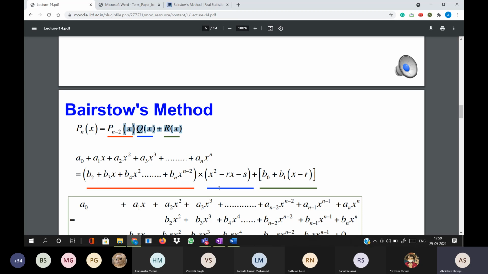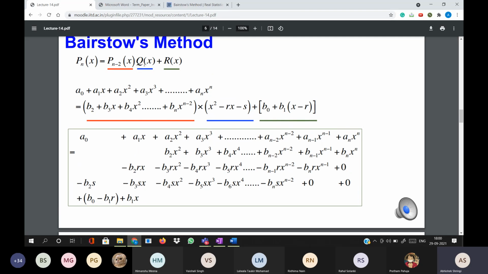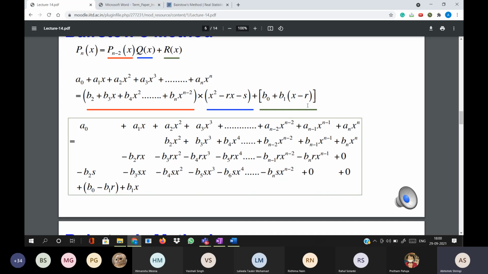You assume q(x) to be something like x^2 - rx - s, and the remainder is a polynomial of degree less than the divisor. The divisor here is quadratic, so the remainder is of degree 1.